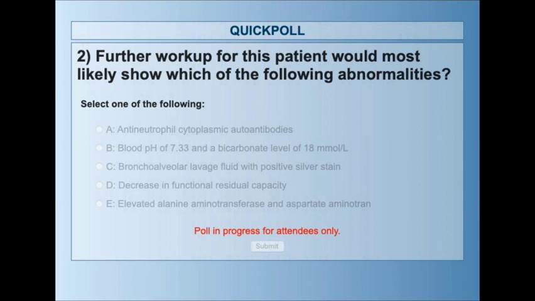Okay, thank you, Paris. Again, the poll has been launched. Go ahead and make the selection that you think is right. And I think the last term in option E got cut off. That's aminotransferase.